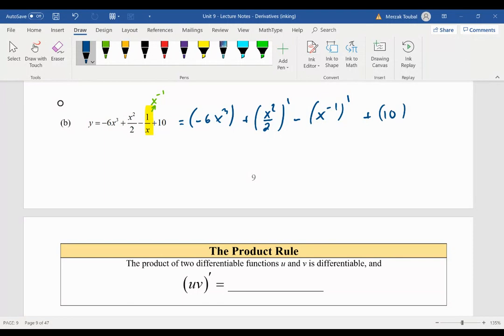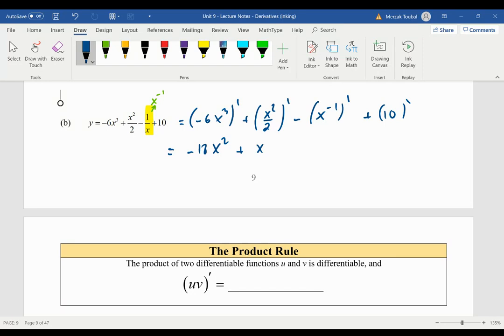Plus 10 derivative. So derivative of negative 6x cubed is negative 18x squared. Derivative of x squared over 2 is x.